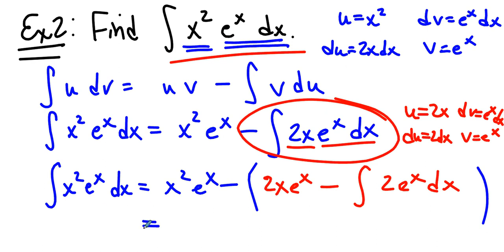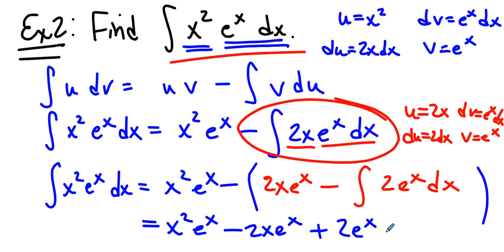So our integral is x squared e to the x minus 2x e to the x minus a negative, that's plus the integral of 2e to the x. Done. Problem solved. And this works whether we're dealing with definite integrals or indefinite integrals. Observe definite integrals.